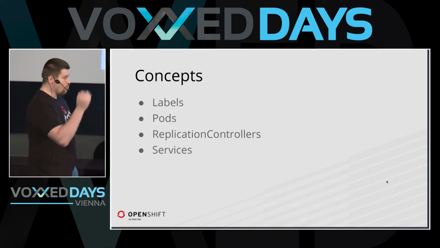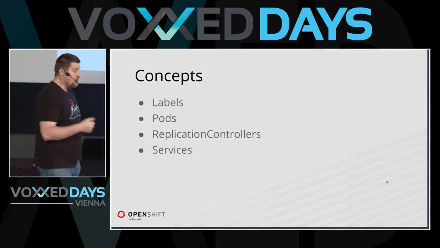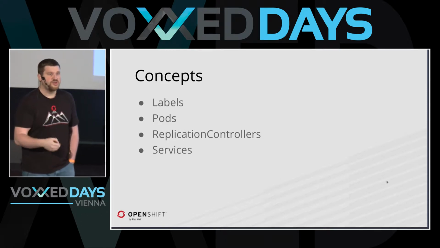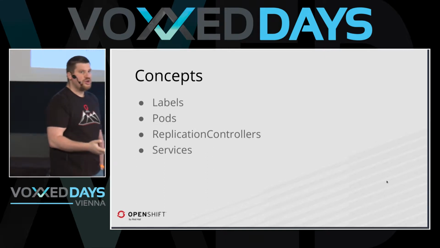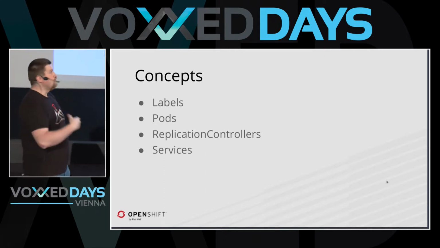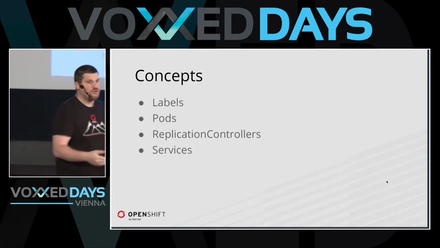So a pod is a running container or set of containers somewhere. A replication controller says how many containers with a specific label are supposed to be there in the cluster. As I said before, labels are attached to these different resources, and they identify those resources.